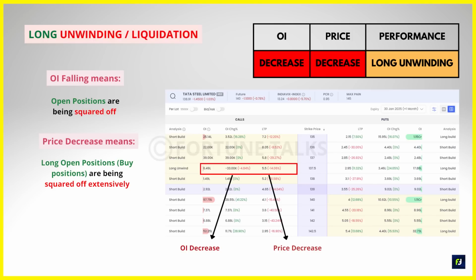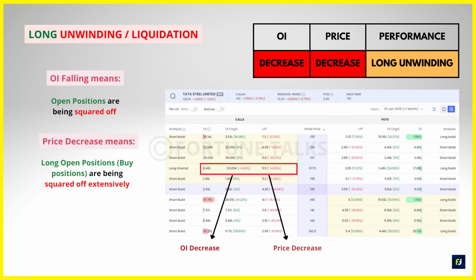The important question to ask here is, why is the open interest falling? The real reason why OI is falling is because existing positions are being squared off and the number of open contracts in the market are reducing. But since price is also falling with it, it means that either the existing long positions are being squared off or fresh short positions are being created.